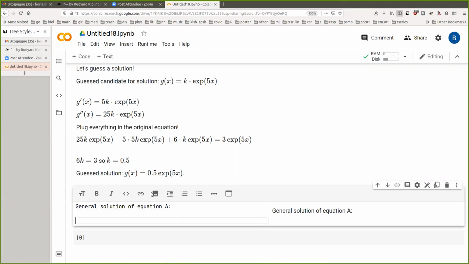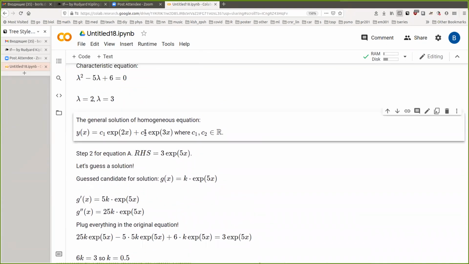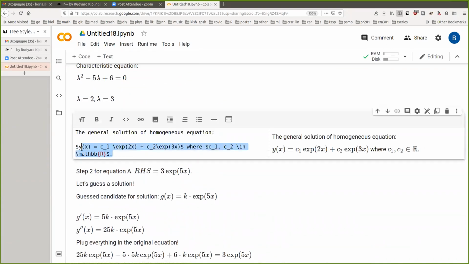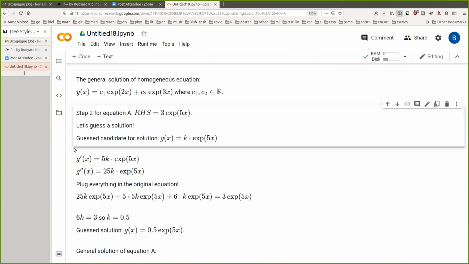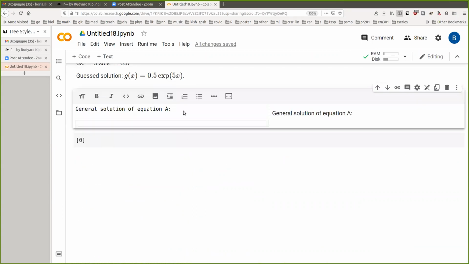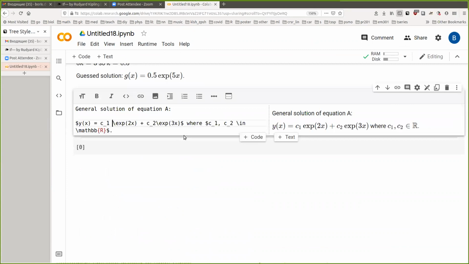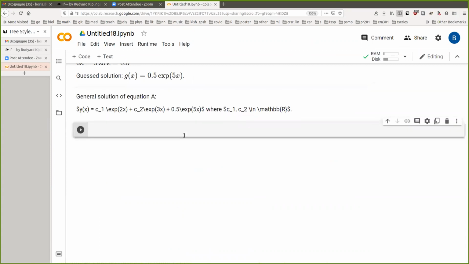Sum it up. Yeah, I need just to add them. So I will just copy this line, and I will go here and just add my 0.5 exponent of 5x.